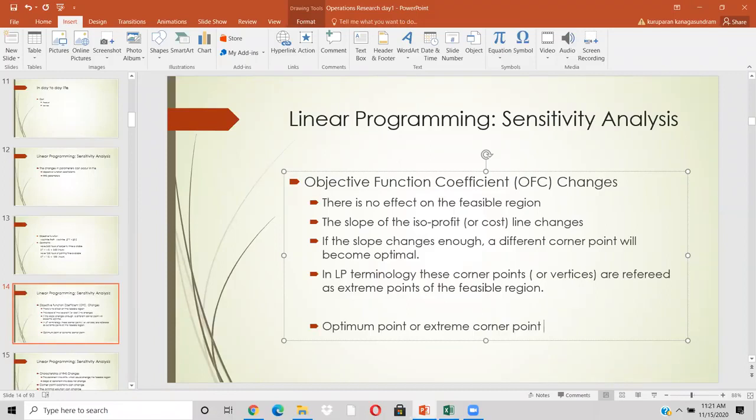For that we will have a range. That should be understood through the sensitivity analysis for the optimum point or corner point. Okay.